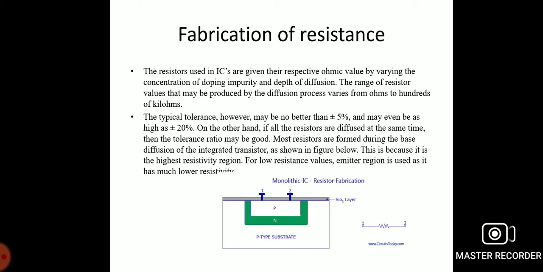The film resistance value can be controlled using laser trimming. They have a low temperature coefficient of resistance, and this makes them more stable. The film resistor can be obtained using deposition over the silicon dioxide layer. The main disadvantage of thin film resistors is that the fabrication requires additional processing steps.